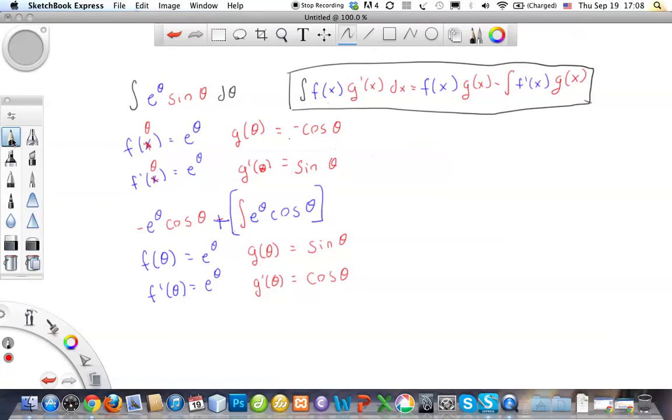And now, as you see, we are going to have an oscillating function, because e theta is always going to remain e theta when you take the derivative or integrate it, and sine of theta will oscillate between negative cosine and positive sine, which will give us our new function again.